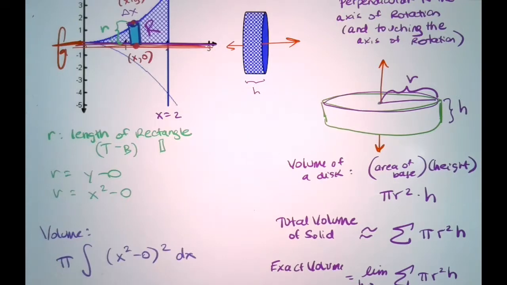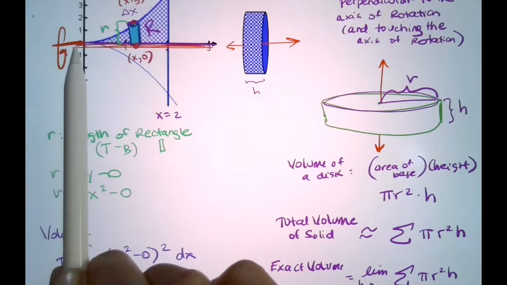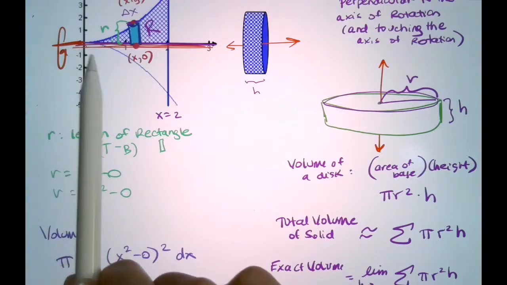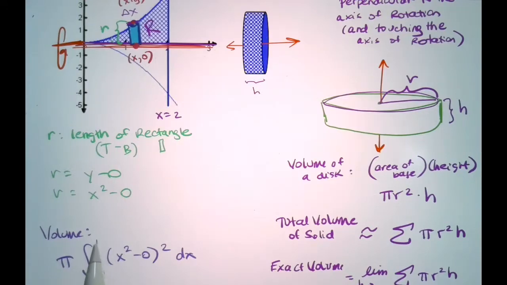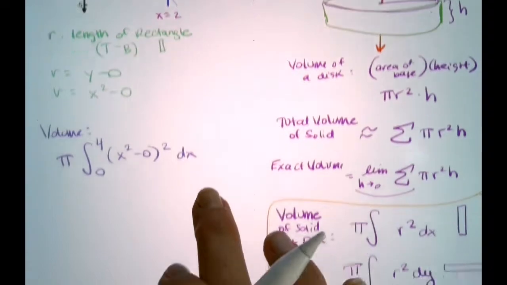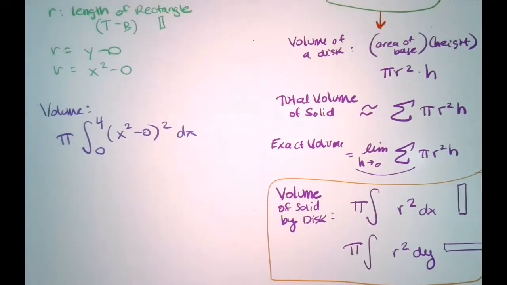So remember, these limits of integration I'm going to find off the x-axis. So that means I'm going to start at x equals 0, and I'm going to end at x equals 4. Okay. So that is an integral set up to find the volume. This integral represents the volume of this solid that you've just created.